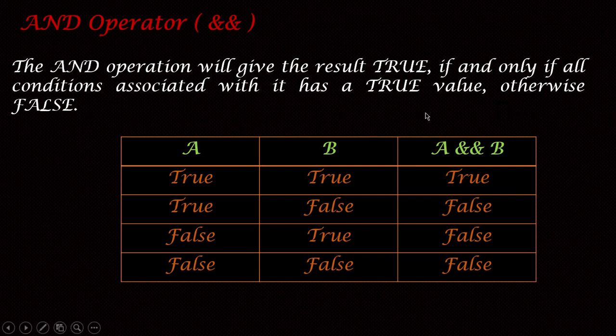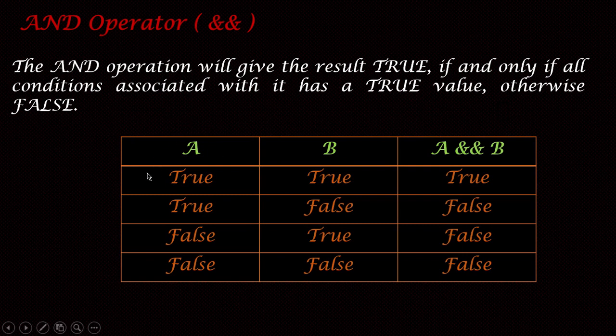So let us see. If we take one condition, there are two possible outcomes. Either that condition is true or that condition is false. Now if we take two conditions at the same time, then there are four possible outcomes. So what are those four possible outcomes?